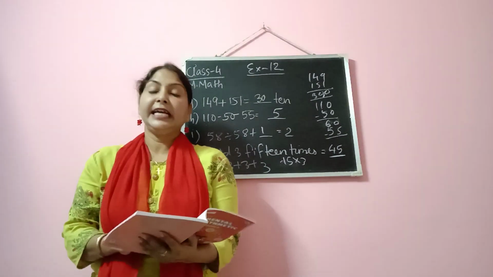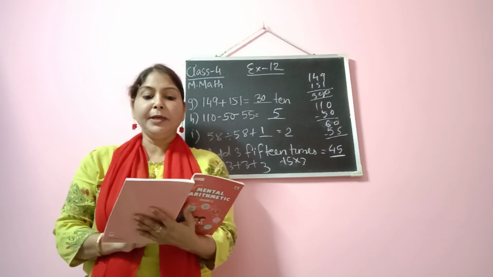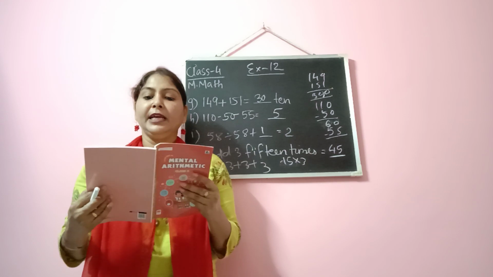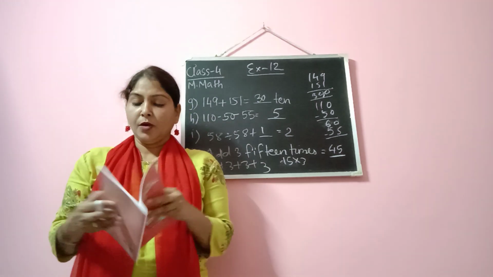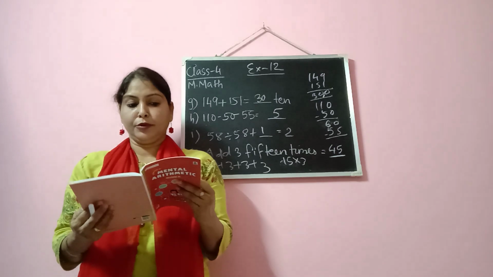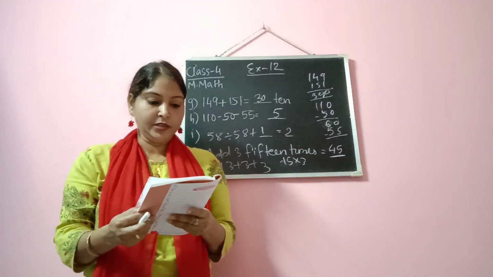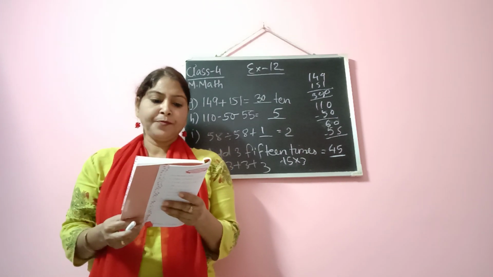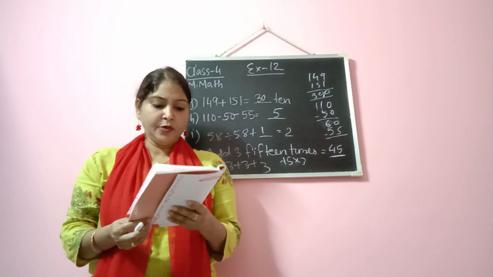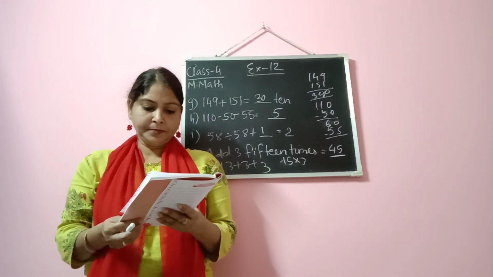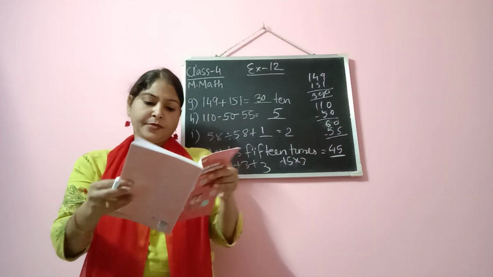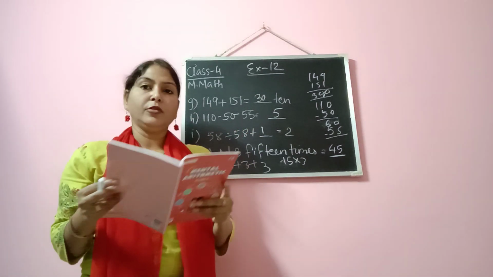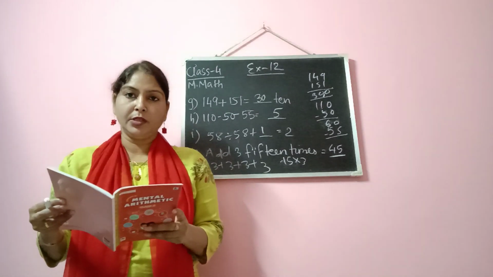Here we complete exercise number 12, and you will do exercise number 12 in your book. As homework you will complete exercise number 13 and exercise number 14 also. Let me check the questions. I think more or less you will be able to do all the questions. In exercise number 13, all the questions are ones you will be able to do because those patterns are already done.